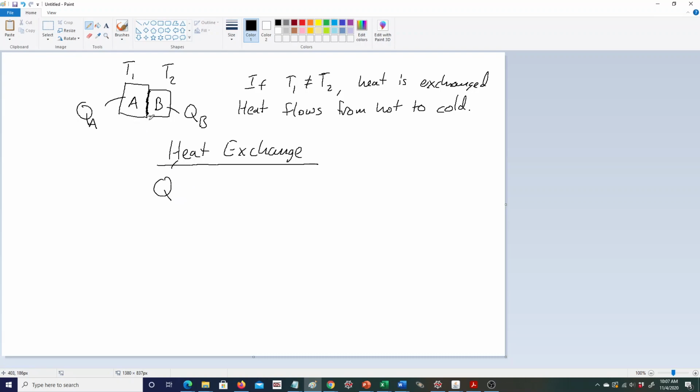So QA is the amount of heat that object A has initially. QB is the amount of heat that object B has initially. But heat 1 is going to be the heat exchanged by object 1. So this is going to be some of the amount of heat that object 1 exchanges.